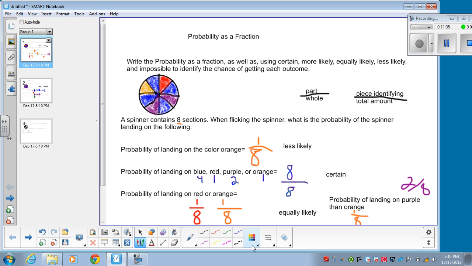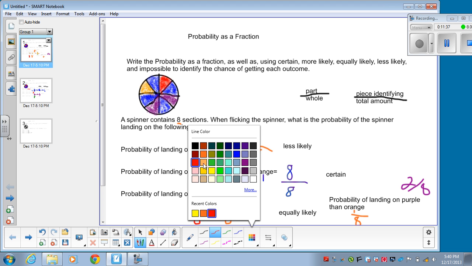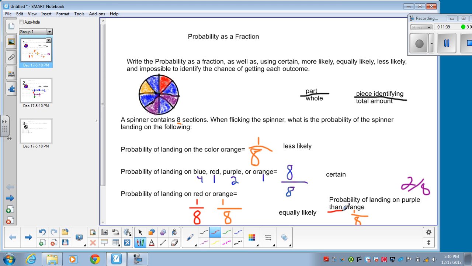And notice the comparing word, than. So for this one, your answer would be more likely. It is more likely that you will land on purple than on orange, since there's 2/8 purples and only 1/8 orange.